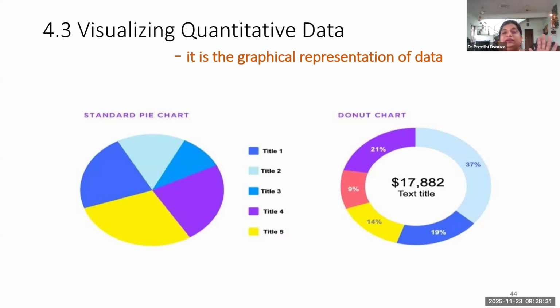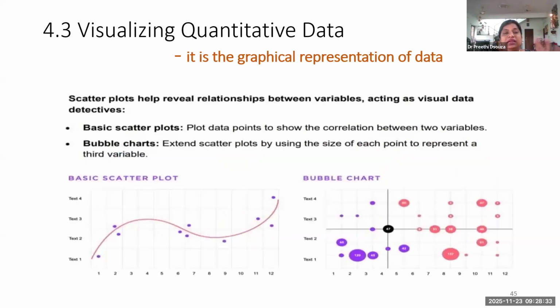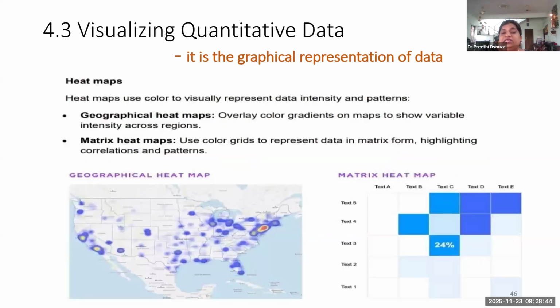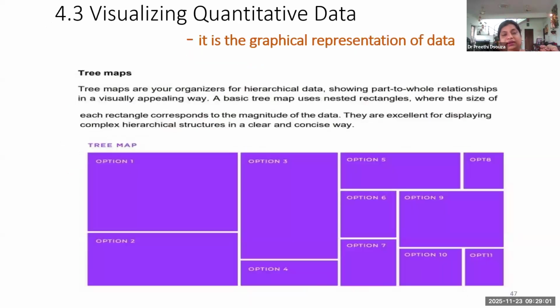Donut charts look interesting. These are the other charts called scatter plots. There is a basic scatter plot or there is a bubble chart. These are also visualization techniques. Heat maps. That time I showed you the happiest people, places on earth. You had the entire world map and in that being identified. So this is how you have heat maps, which tell a lot about the data.